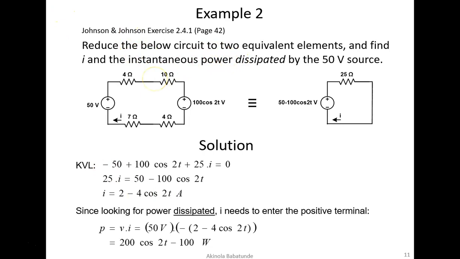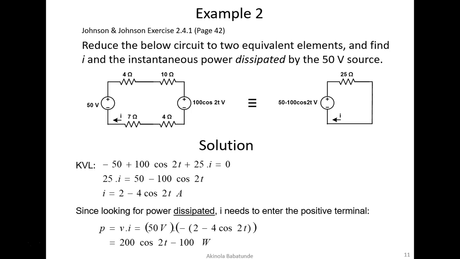In addition to finding the current, we've been asked to find the instantaneous power dissipated by the 50 volt source. If you are looking for power dissipated, it simply means I need to enter the positive terminal. Don't forget, when power is dissipated, it simply means power is absorbed or consumed.